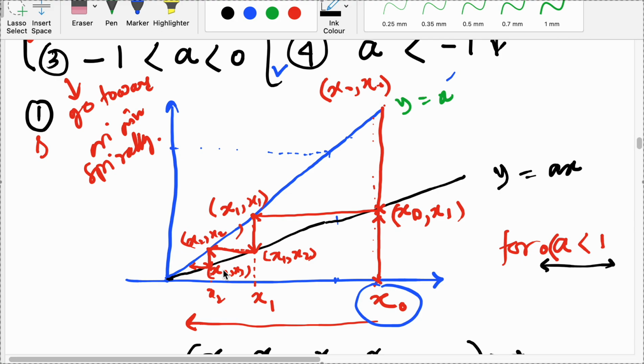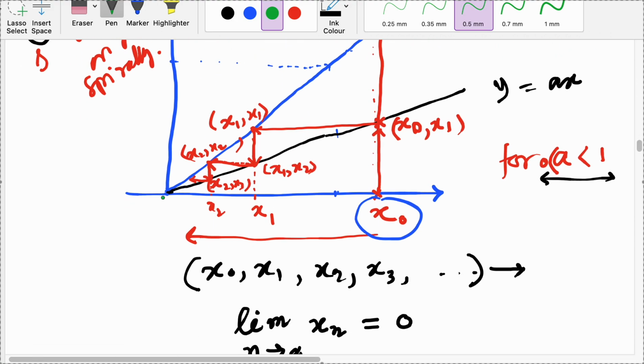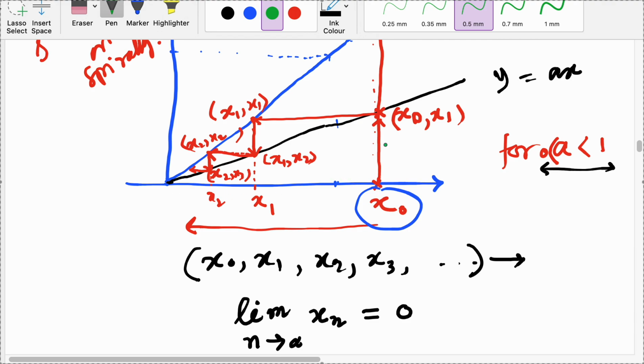And for those kinds of map, we have found that from the slope of that linear map, we proved a theorem that we can conclusively say that if the magnitude of the slope is less than 1, then any initial condition will asymptotically go towards the fixed point, and if the magnitude of the slope becomes greater than 1, any initial condition will go further away from the fixed point.